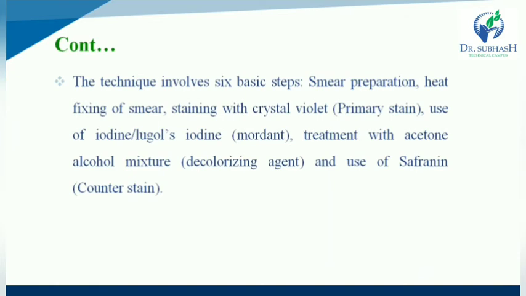That is called smear preparation. After smear preparation, heat fixing of the smear is required. For heat fixing, the glass slide containing the smear is passed over the flame 2 to 3 times. That is called heat fixation of the smear.